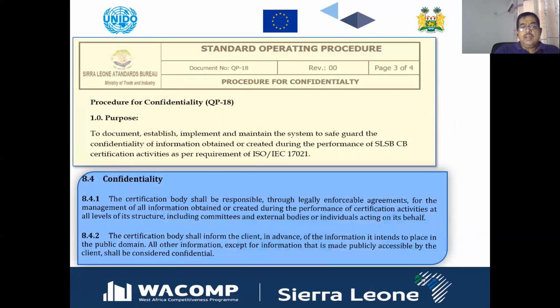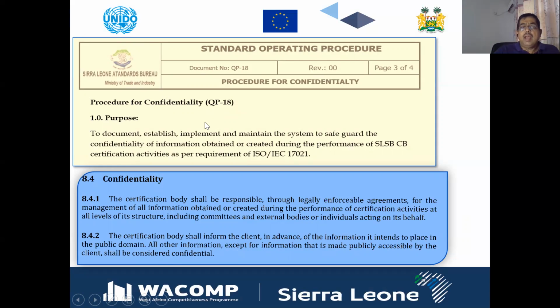So next format and the next QP is QP18. Okay. Now either it is an agent or a franchise company to whom you are going to do an agreement in other countries, or in Sierra Leone you are sending your auditors to audit some of the applicants with respect to ISO 9000 or ISO 22000.